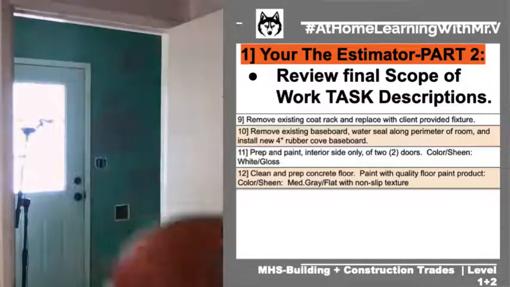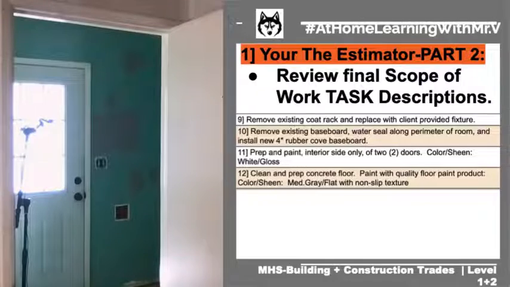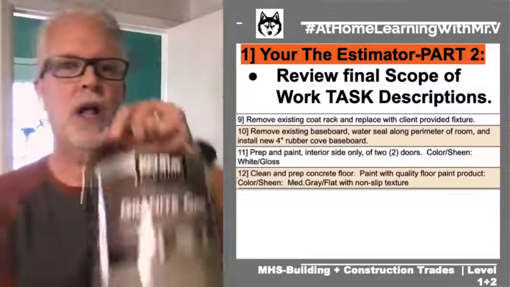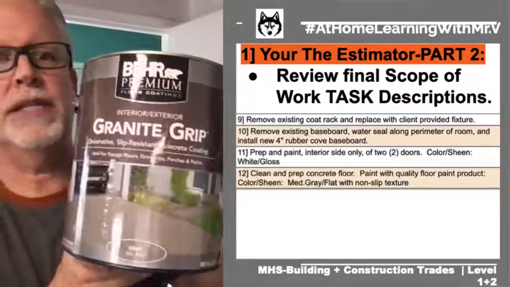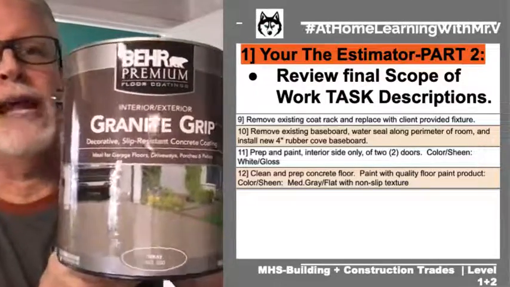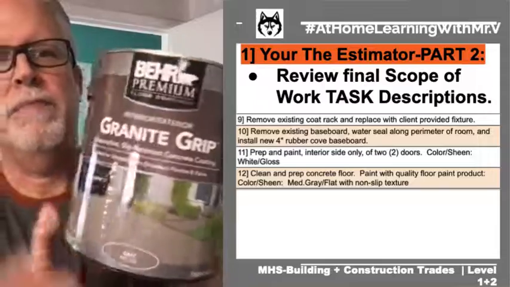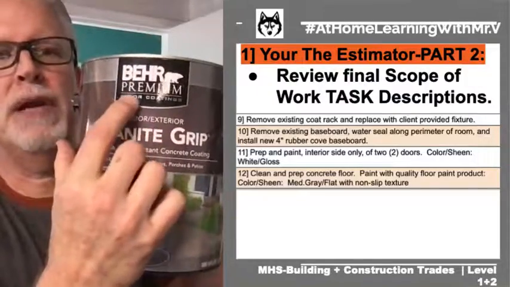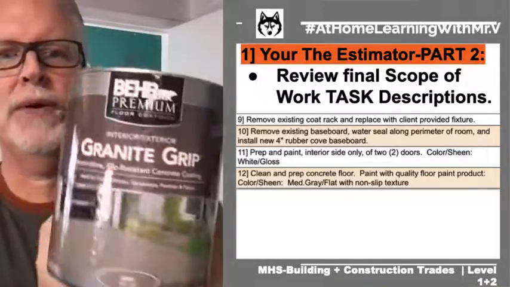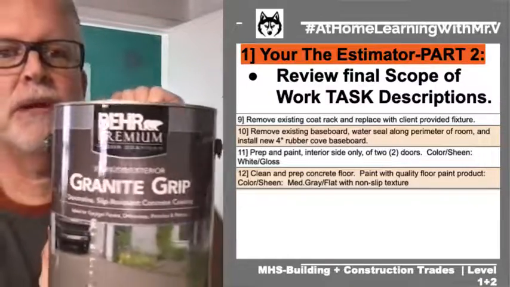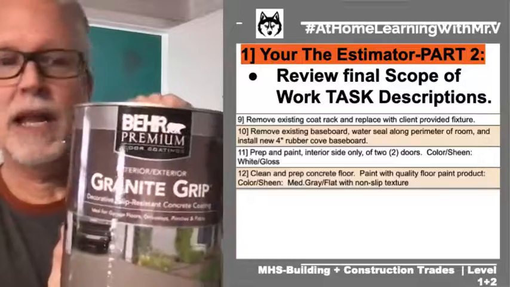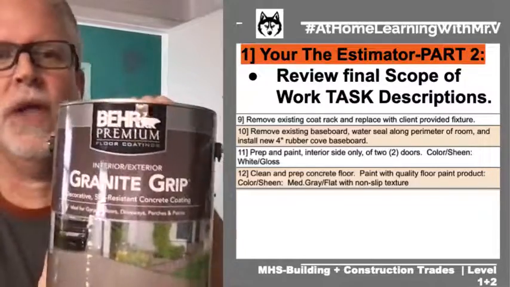We want a quality, and I'm going to grab it right down here, quality floor paint. And this is what the client purchased. Okay, so Granite Grip. Okay, Behr, that's the manufacturer. Premium floor coating. Okay, premium is better than cheap, right? So whenever you see premium, it means this is going to be a little bit higher quality or the highest quality you can get.